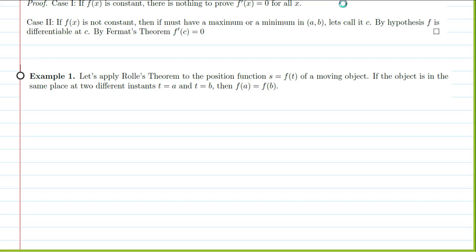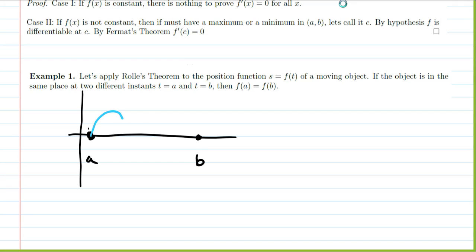Let's imagine here's our object, here's our number line, here's a. And here's our graph, so here's a, and over here we have some point b. Our function does something, but what do we know about f of a and f of b? They're the same. So if our function looks like this, what does that tell us? It says there exists at least one point c such that f prime of c equals 0.